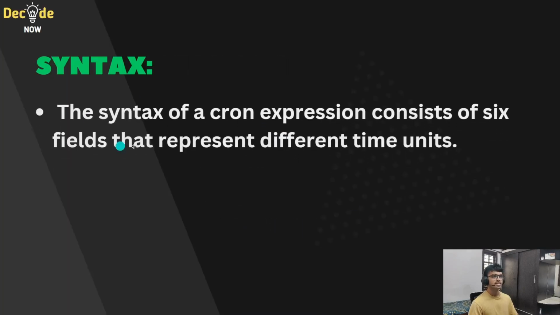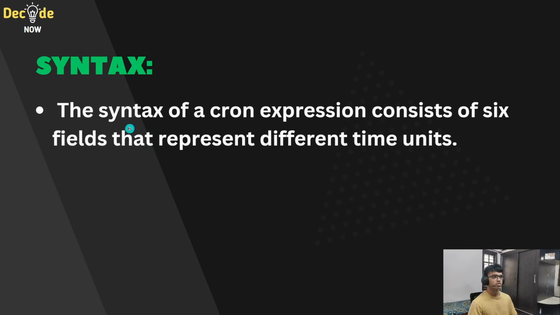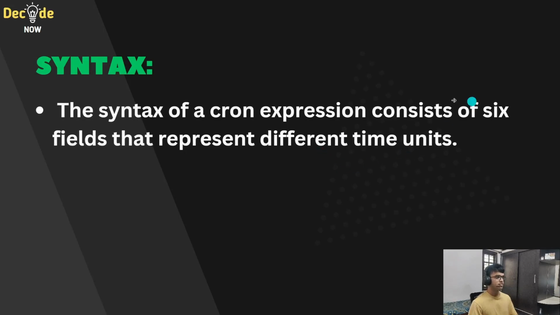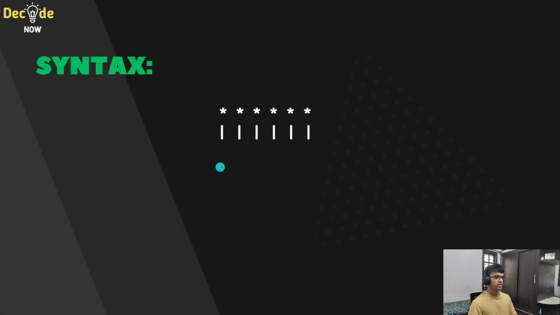Let's look at the syntax of this cron expression. The syntax of a cron expression consists of 6 fields that represent different time units. All these time units that we discussed in the previous slide will be represented as different fields in the cron expression. To be precise, 6 fields in the cron expression. To understand the syntax better, let's look at what each field represents.